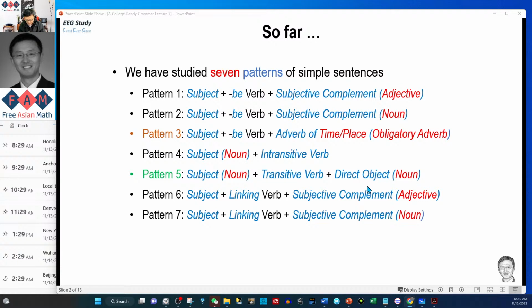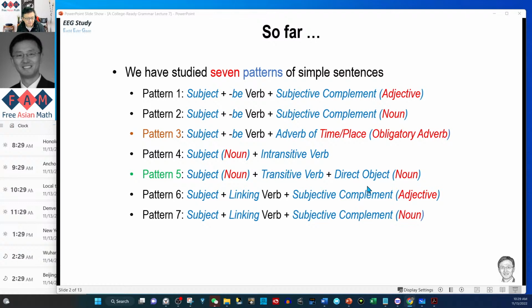The difference between the two versions is that in the first one, we have an adjective as the complement. This will describe the subject. In pattern number 2, we have a noun as the complement. This just renames the subject. It just refers back to the same thing, right?